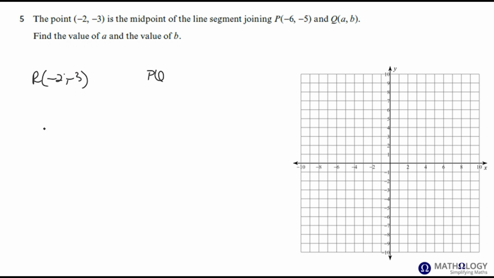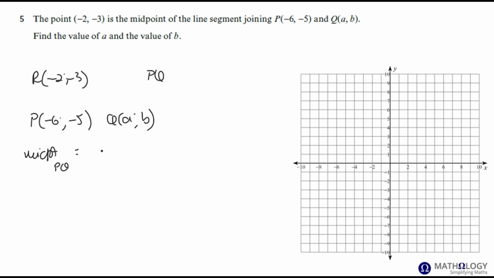So the first thing we're going to do is find an expression for the midpoint of PQ. Now, the midpoint of a line segment is half the sum of the x-coordinates for the x-coordinate of the midpoint and half the sum of the y-coordinates for the y-coordinate of the midpoint.